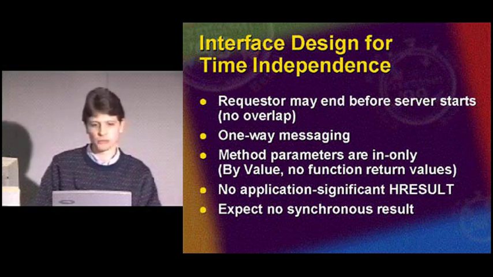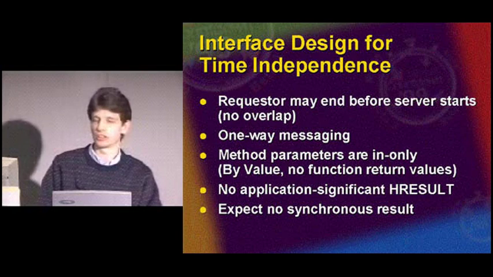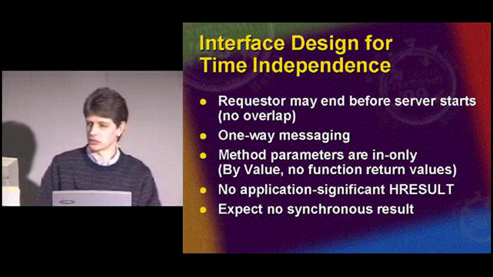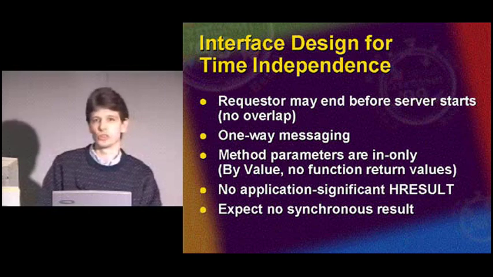The way that's mapped into methods and parameters is basically that you can only provide input parameters to methods. Input parameters have to be by value, and you can't rely on any function return values. So you can't return statuses, you can't return application-specific things via output parameters.